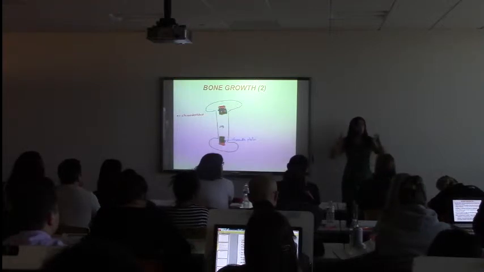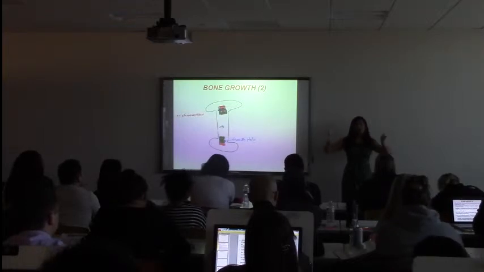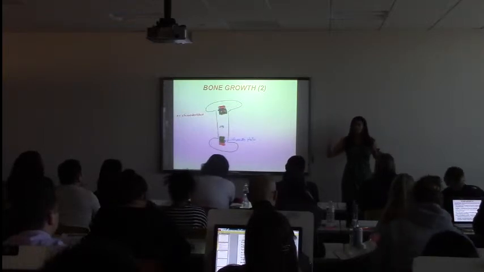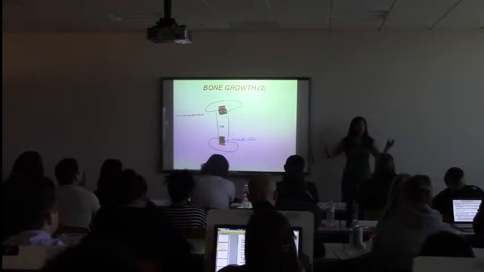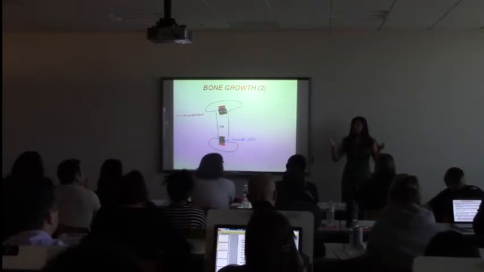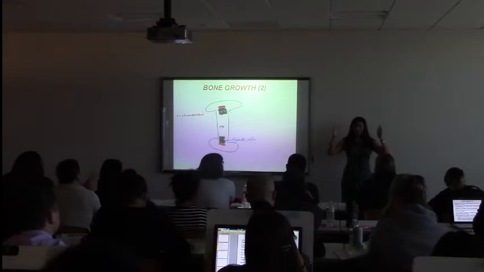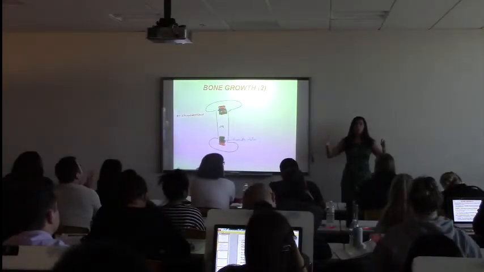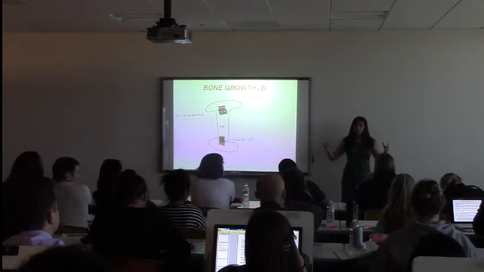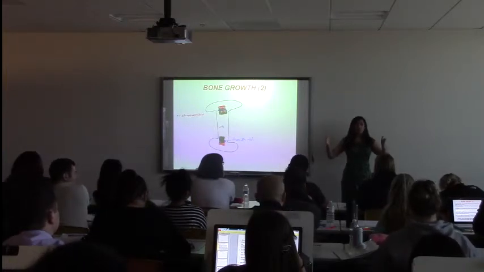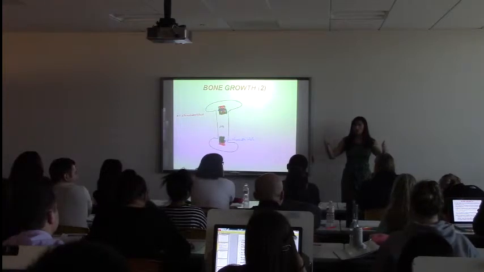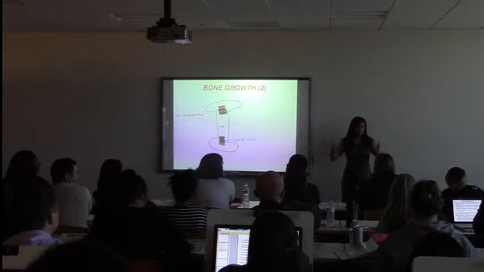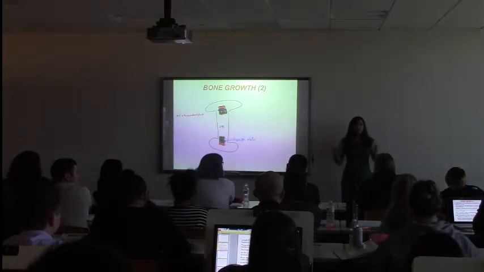So at puberty, the sex hormones cause the growth plate activity and the movement to increase. At the end of puberty, the movement stops or slows down, but the activity remains. So they're stuck right here, but it's creating cartilage on top of cartilage, and bone is being converted. But now you have no more place to deposit it, because you're not going this way.